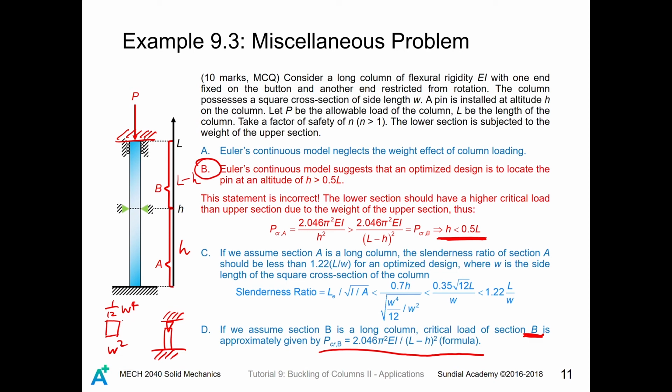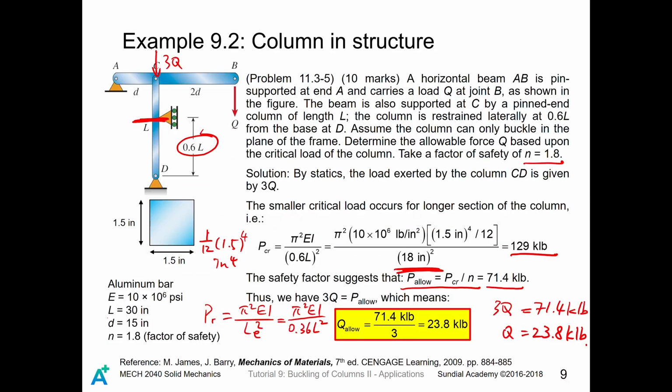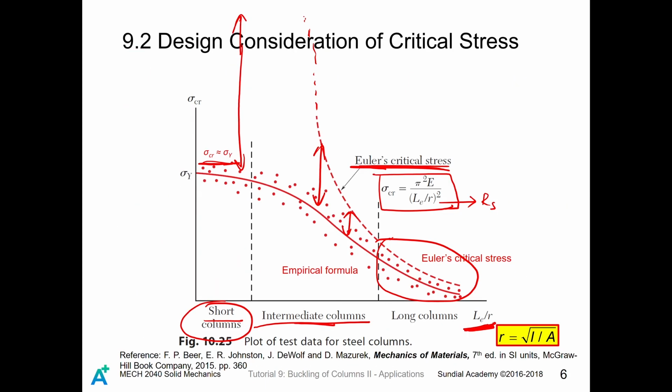One thing I want to place stress on in this MCQ is that in options C and D, we assume section A or section B as a long column. This assumption is necessary because if you are dealing with short columns, then the critical stress, as we mentioned in previous slides, will change significantly, and consequently, the actual critical load could change as well.